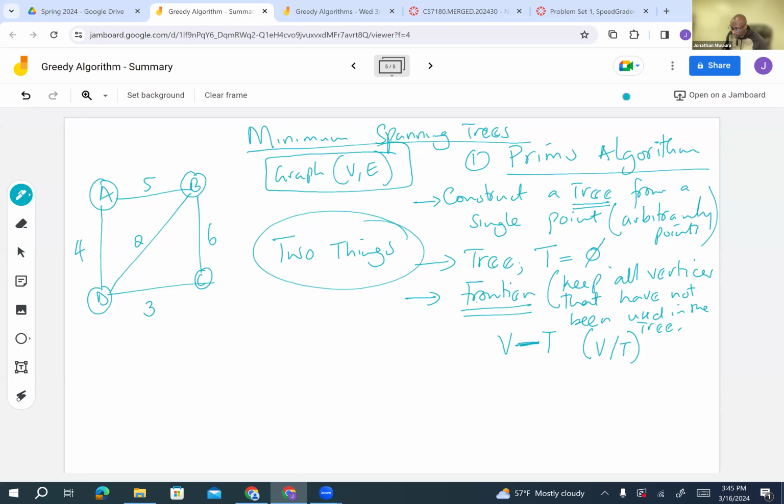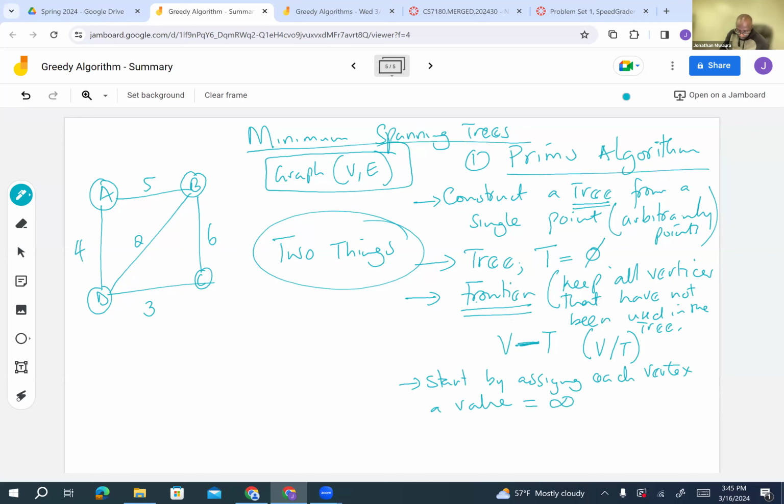Now, if we are going to say that the frontier has V minus T vertices, then we need to keep them somehow, or we need to identify them in a way, okay? The way this technique works is similar to Dijkstra's algorithm. We start off by assigning each vertex a large value, in this case positive infinity.